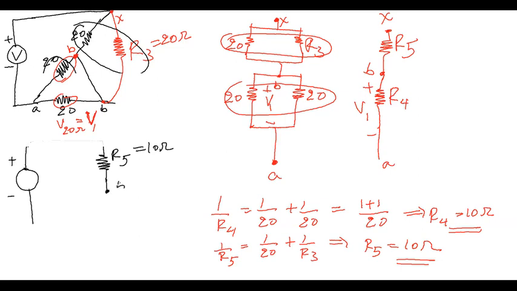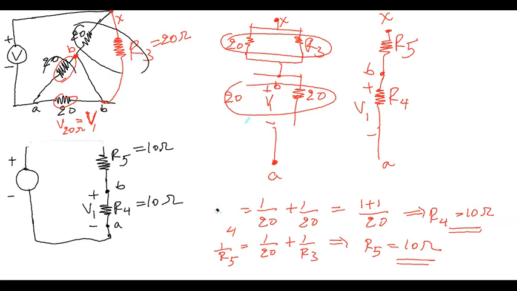We have B here, A here, and this is R4, which is 10 ohm. And we are asked for V1.